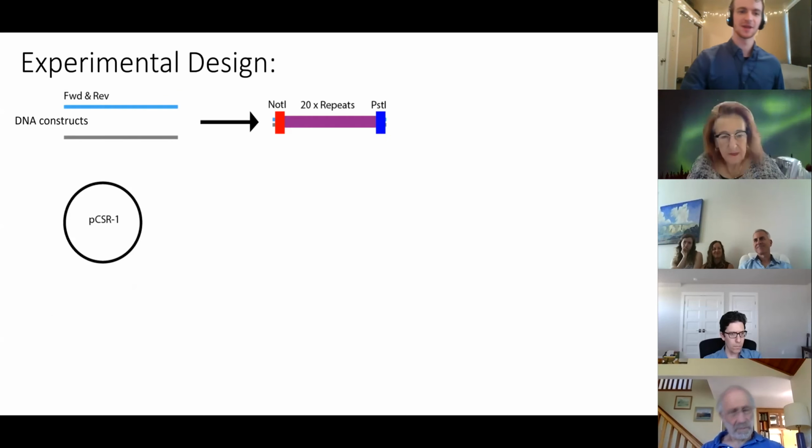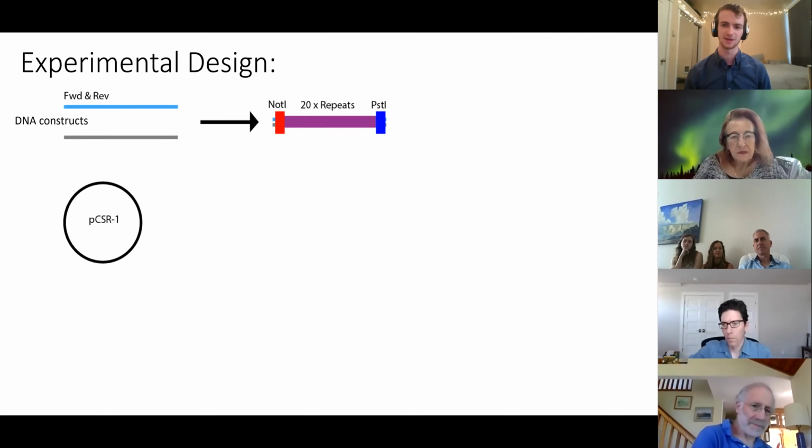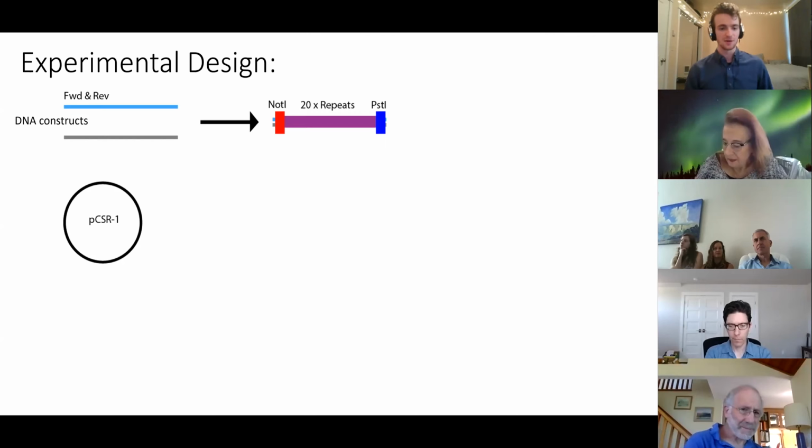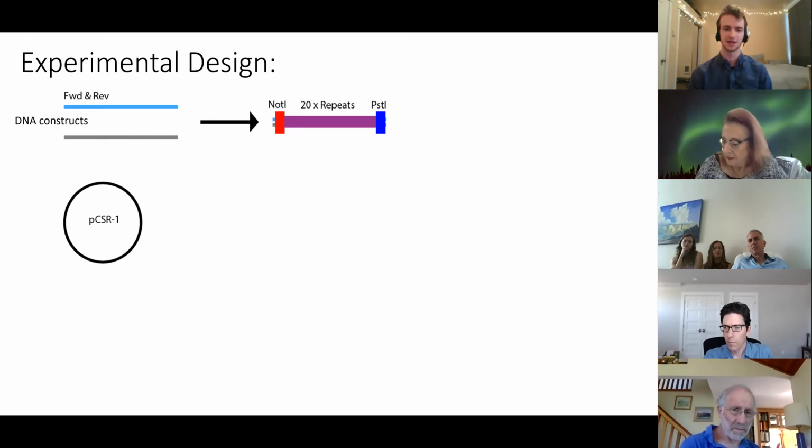So my experimental design generally went: making these DNA constructs and annealing them together, as you can see on top. And since I was targeting the CSR1 locus, I needed to insert the DNA into a targeting plasmid. So I designed these constructs with restriction enzyme sites, which are basically little molecular cutters for DNA that make ends that are unique to that cut site, so mismatched ends won't pair back together.